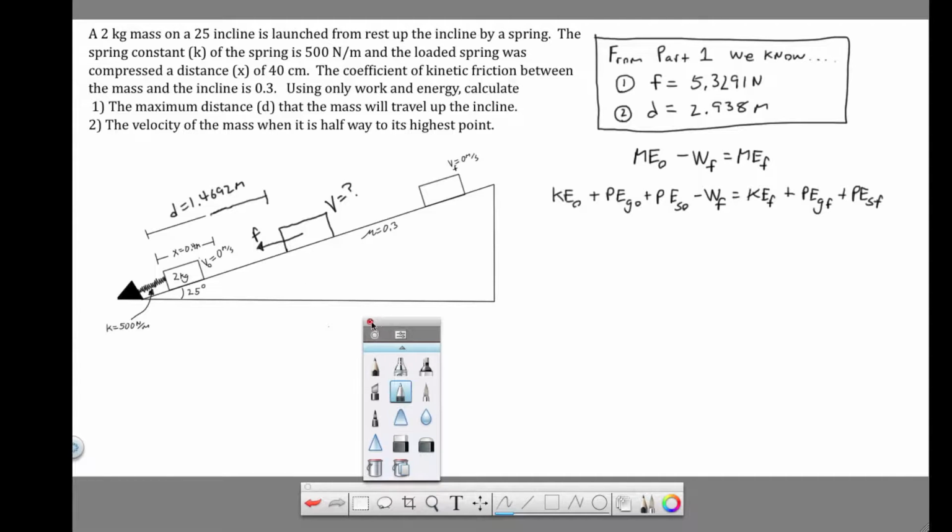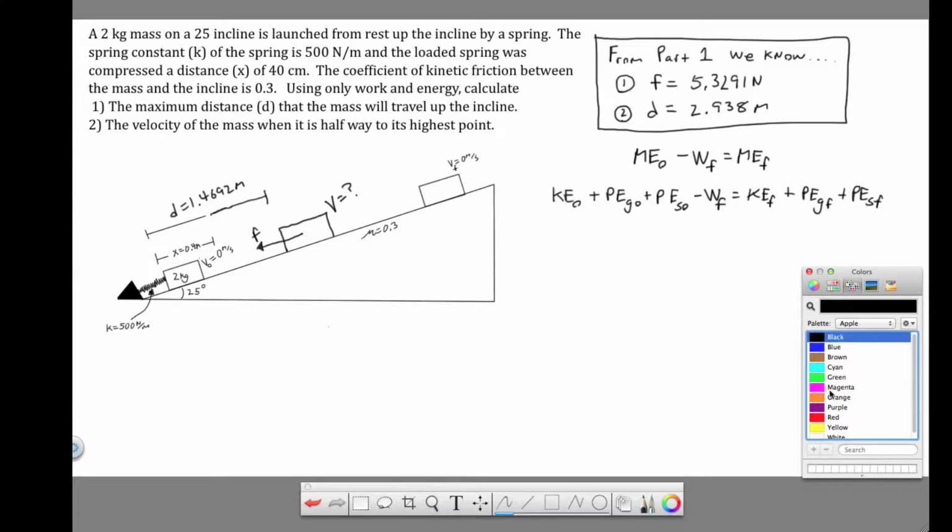Before we look at our energies, we should set our 0 point. So we'll do this in red again. This is going to be the same thing from the first part. The 0 point, the best place to put the 0 point is the lowest point in the problem. So this red line is the lowest point for the 2 kilogram mass, which makes our h this.